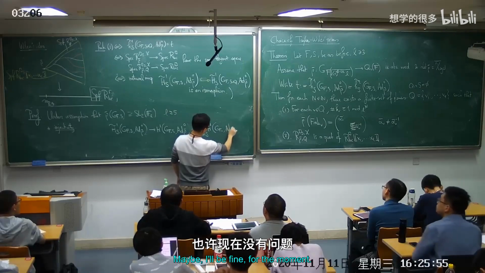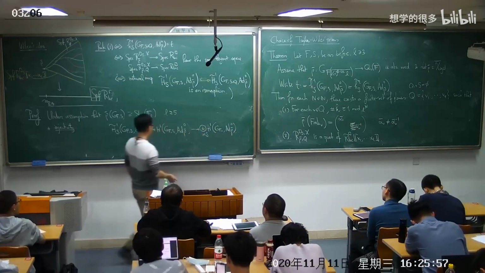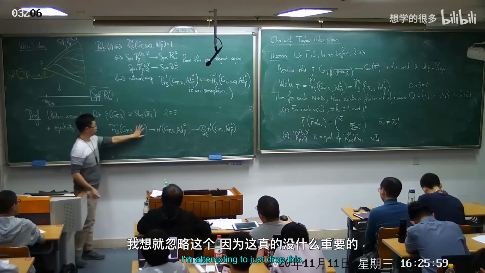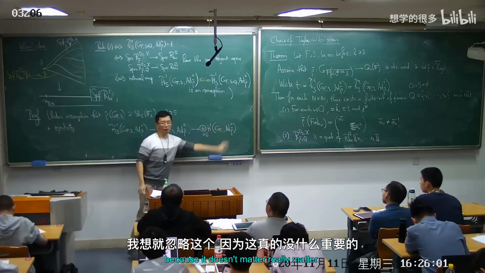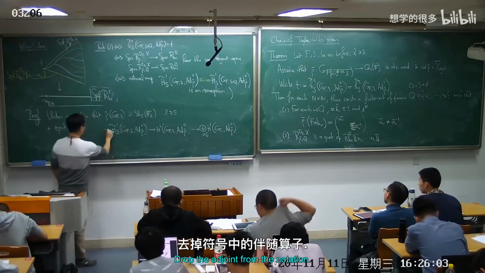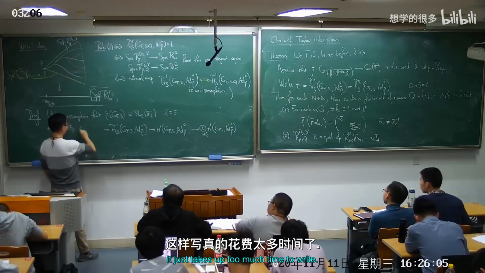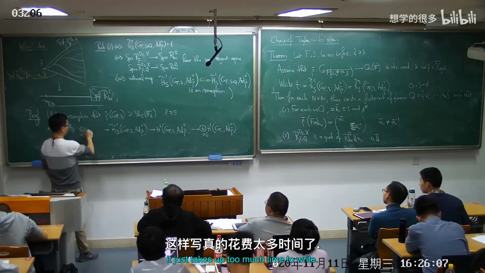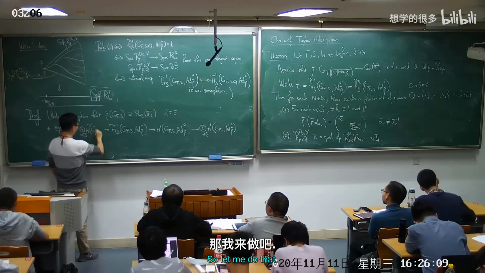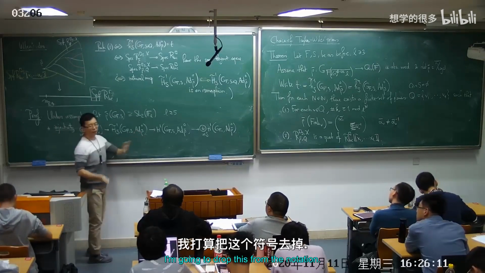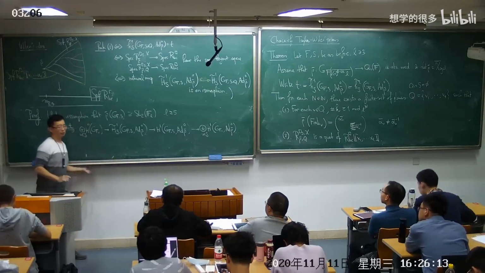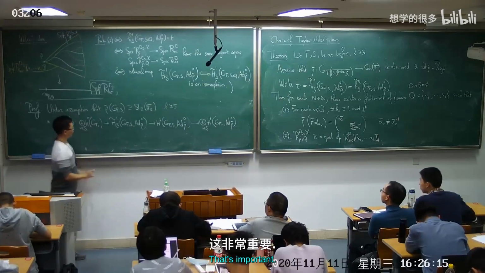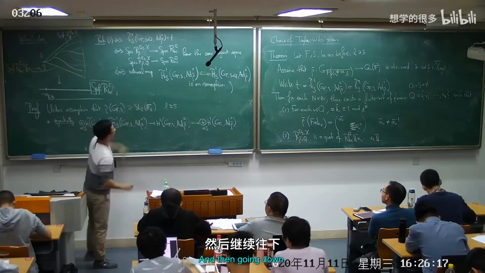Maybe okay, fine. For the moment, let's just write this. I'm tempted to just drop this because it doesn't really matter. Drop the adjoint from the notation. It just takes up too much time to write. So let me do that. I'm going to drop this from the notation, to write less. Also important. And then going down.